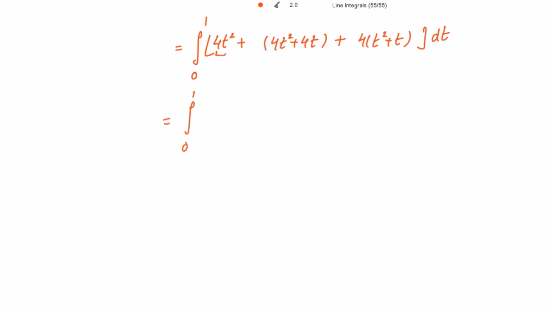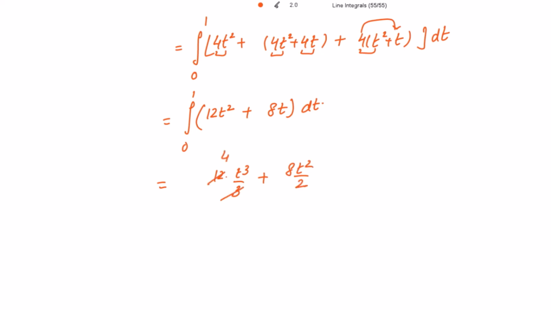Okay. This is 4t square, 4t square and 4t square. That will add up to give 12t square. And from here we get 4t. From here also I'm getting 4t, that is 8t. And then dt, right? So the integration is 12 into t cube over 3 plus 8 into t square over 2.